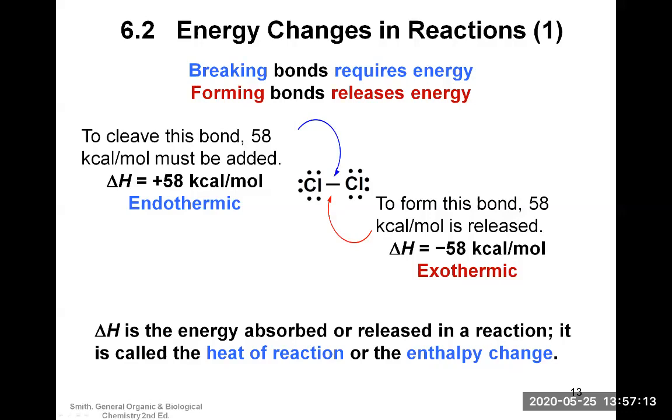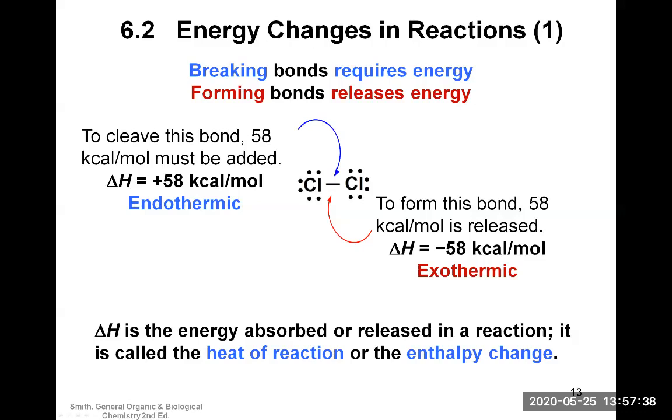Now, let's say we start with single chlorine atoms, and we want to form the Cl-Cl bond. In this case, when we form the bond from the two single atoms, energy will be released to the surroundings, and 58 kilocalories per mole will be released.